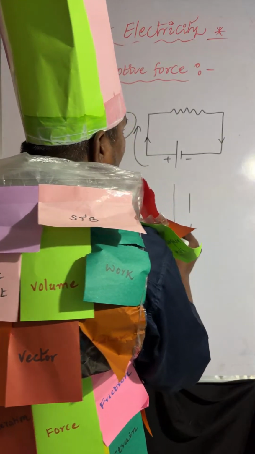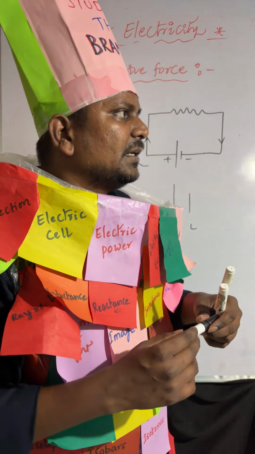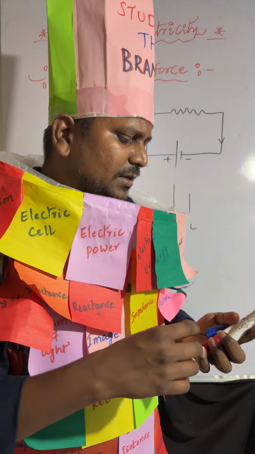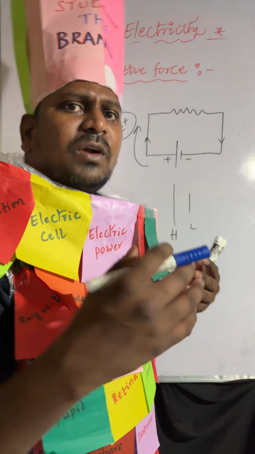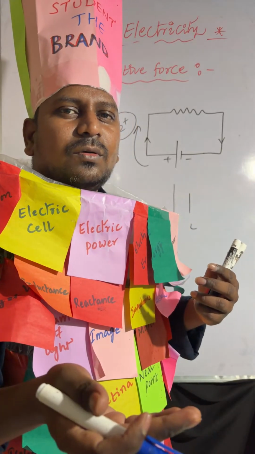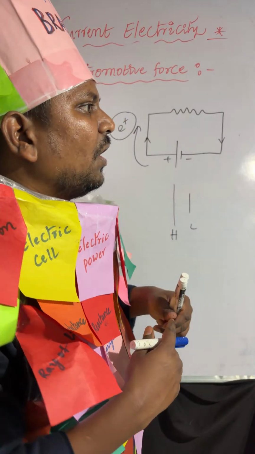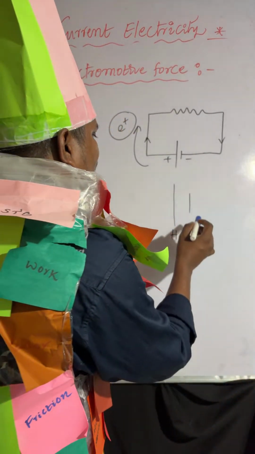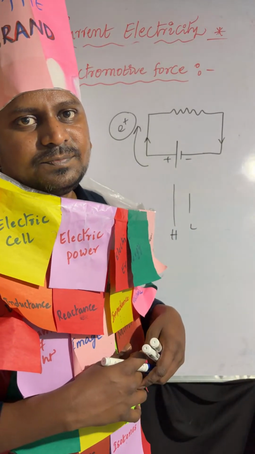From low potential to high potential. So when you connect a cell to the circuit, automatically positive charge will move from positive terminal to negative terminal. So how will the positive charge move from low potential to high potential in the cell or battery?